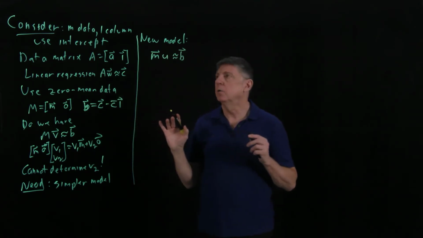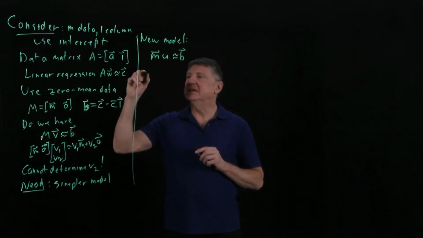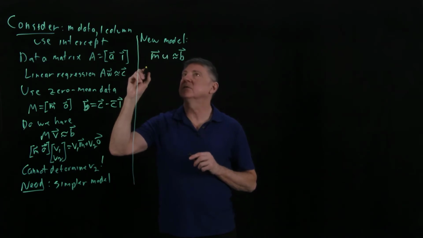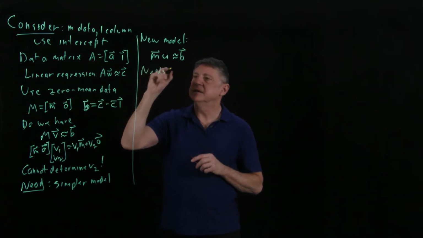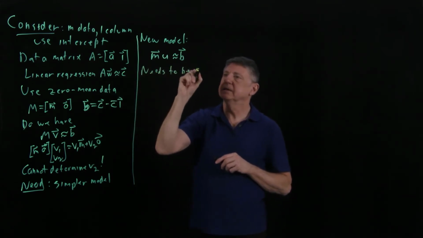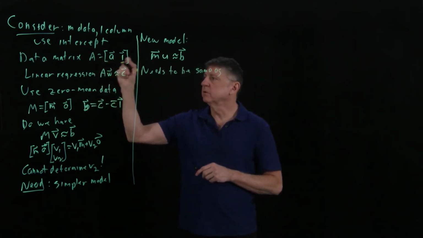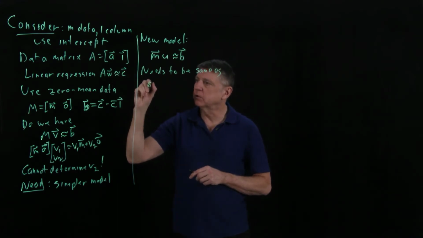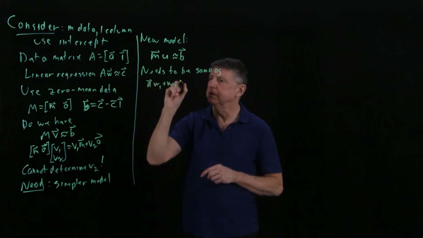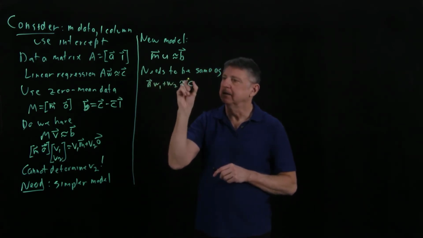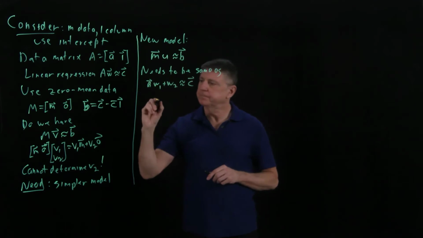Okay, so that's the new model, and in the end we want to equate this to the original. So what was our original regression model? Our original regression model was that A times weight 1, weight 2 is approximately the dependent observations. So now let's expand out this one.